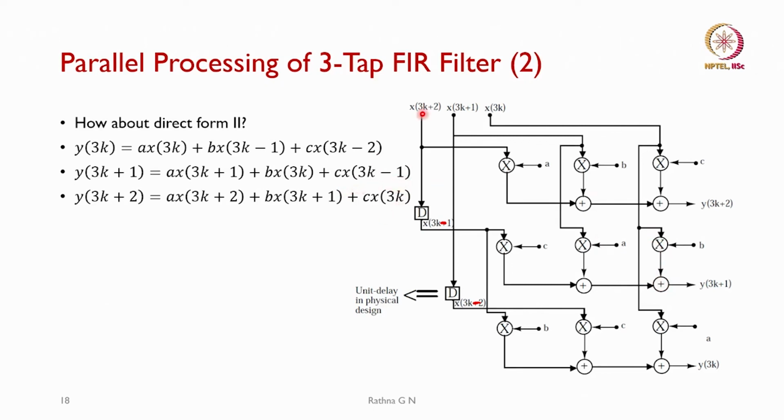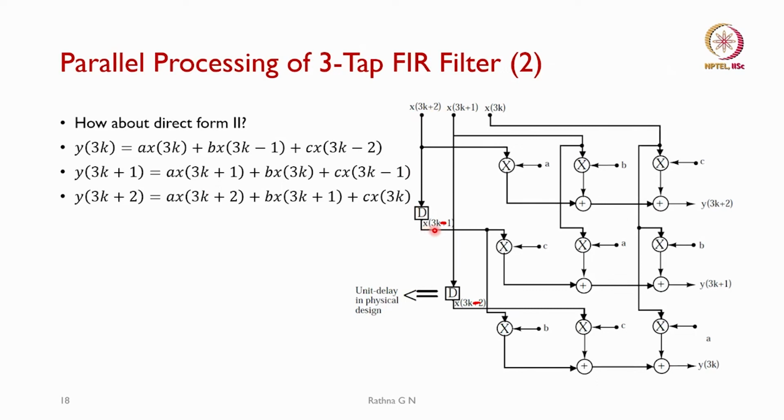So, how are we going to get that? I can take x of 3k plus 2, because when I introduce the delay line in this, since this is the 3 parallel structure we have taken, the delay is going to be 3 units. So, this becomes x of 3k plus 2 minus 3, which is with 1 delay.